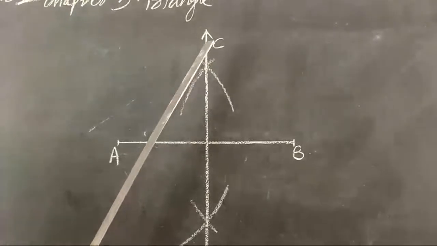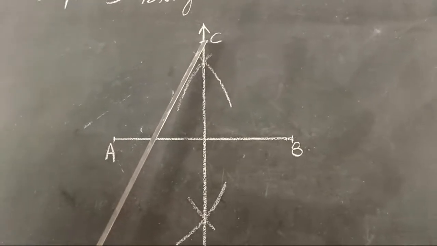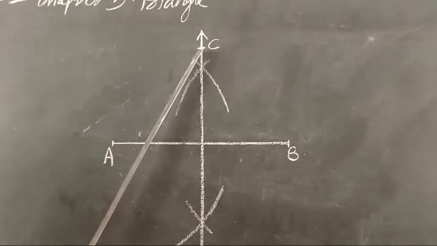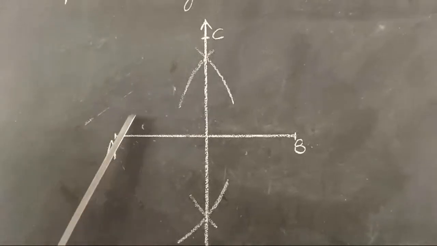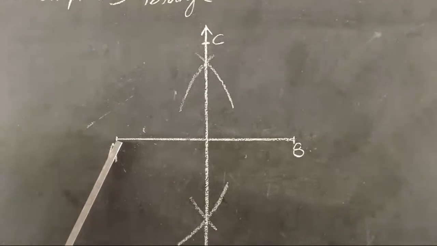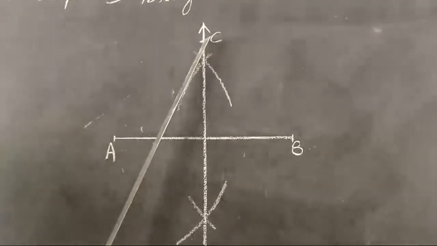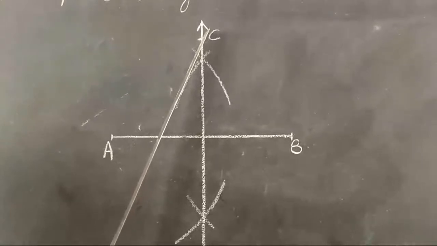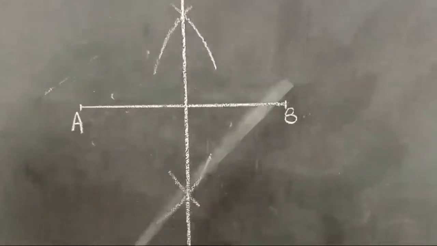The distance between point C and one end point, point A. A and C distance is distance AC, and the other distance is point C from the other end point, distance BC.